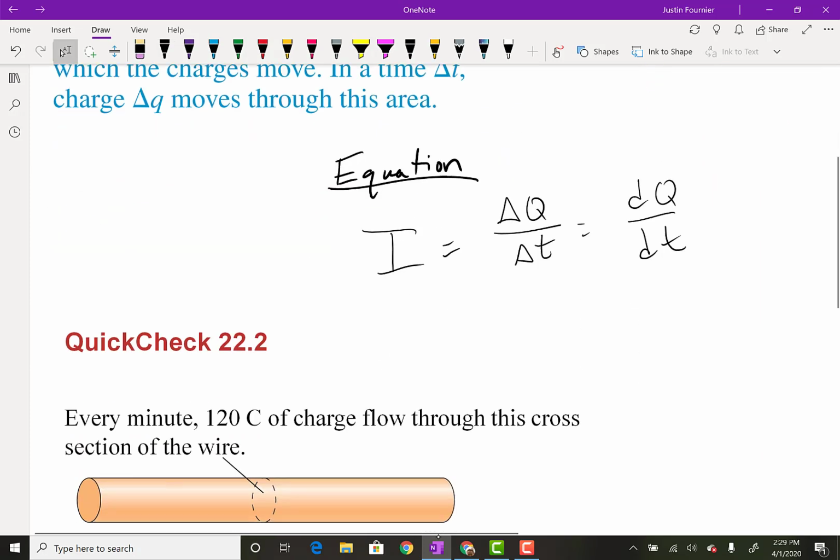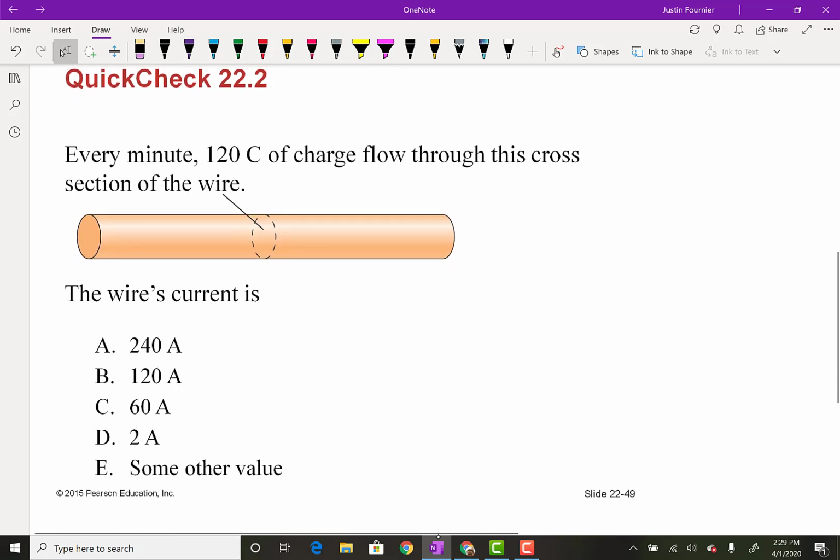So really quickly, see if you can figure this out. For every minute, 120 coulombs of charge flows through this cross section of wire. So it's that little sliver of wire right there. So 120 coulombs of charge in every minute. So how would you calculate the current? I'm going to go ahead, pause, see if you can answer the question. 1, 2, 3.